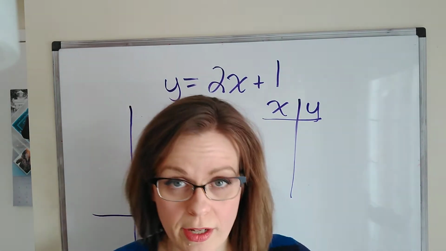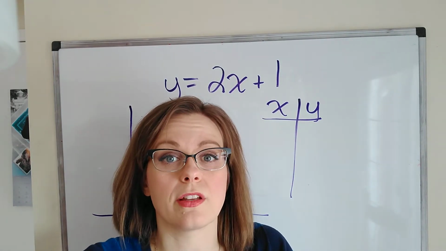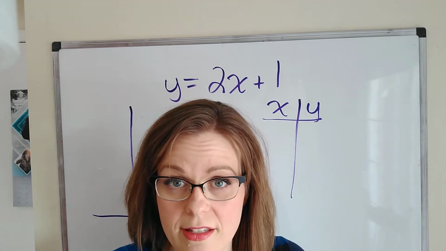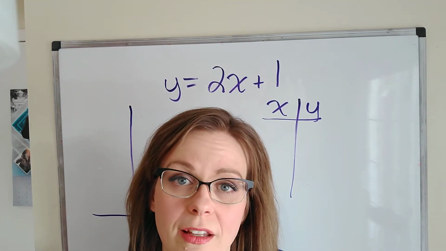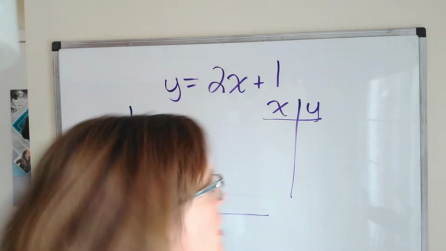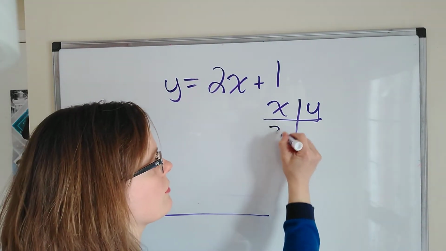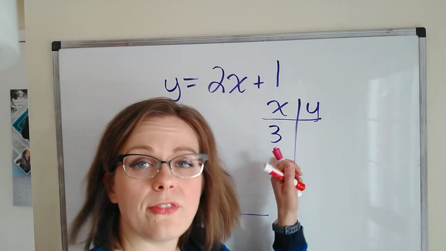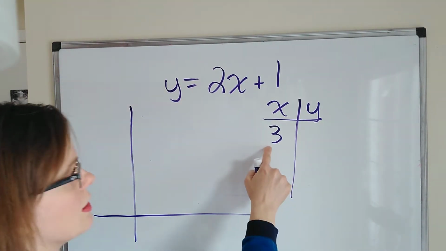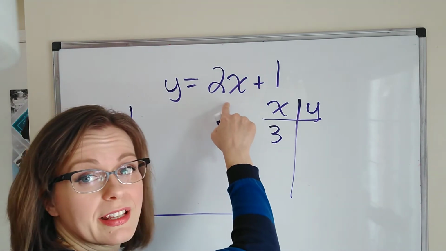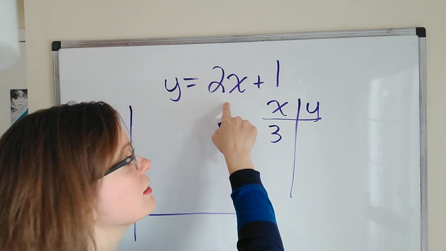So again, I'm going to choose some values for the independent variable x, and plug them into this formula to figure out what y would be for that x value. Let's get started. Maybe we want to figure out what happens to y when x is equal to 3. So I just take 3 and plug it in where x used to be in this formula.